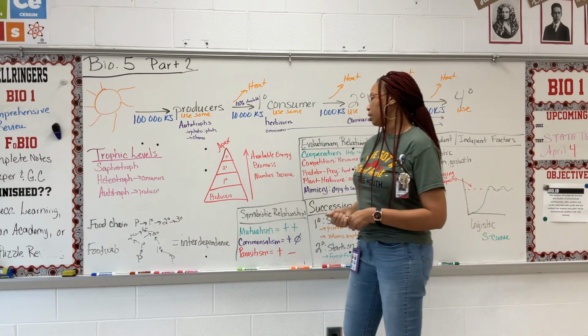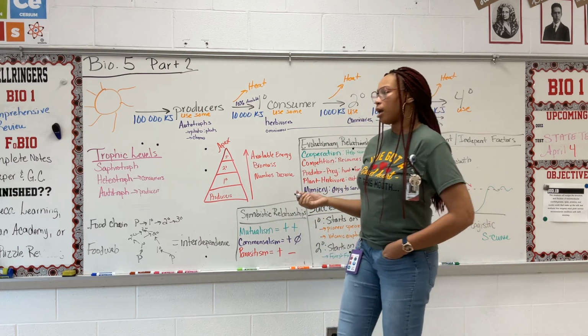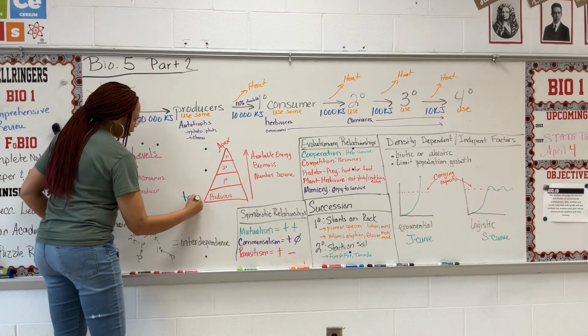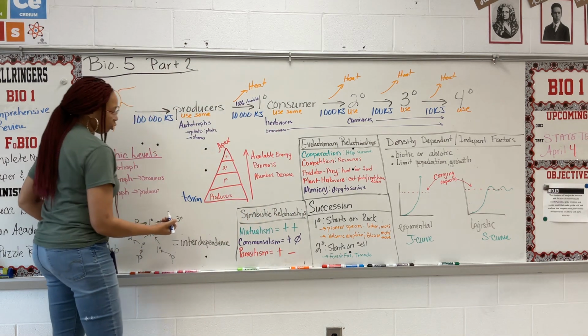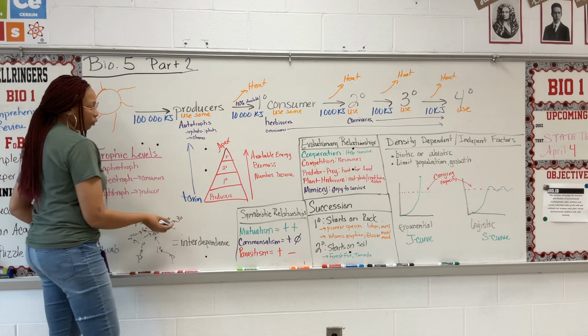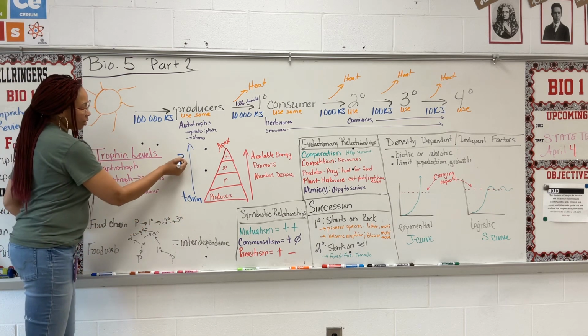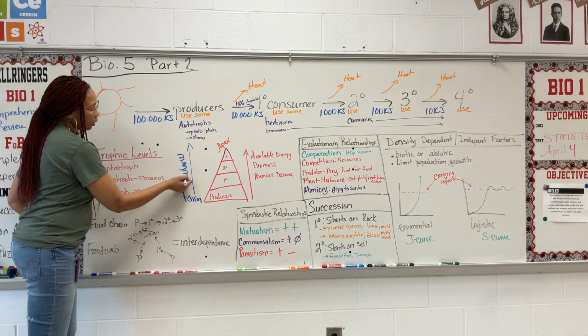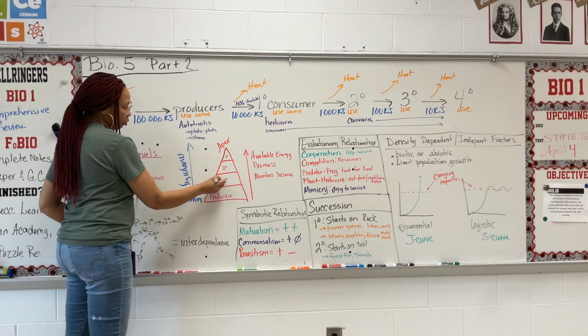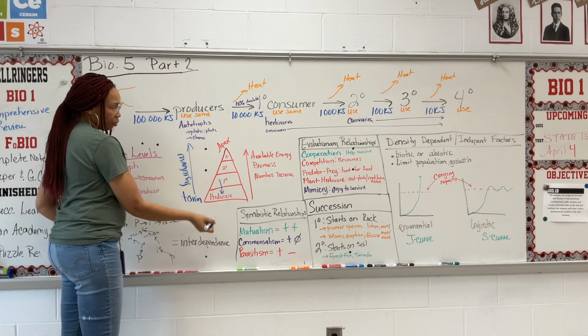So say for instance, there was a toxin that could not be removed, right? If there is a toxin that cannot be removed from tissues, as organisms feed on it moving up the trophic level, the amount of toxin tends to magnify. The reason why it magnifies is because primary consumers have to eat producers.